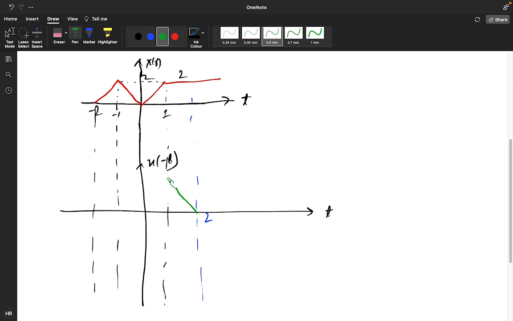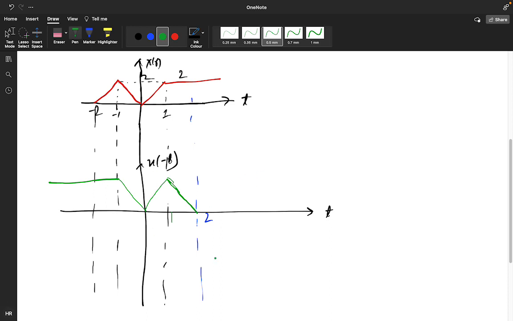Triangle. Yeah, triangle. And minus 1 will be 1, and 0 will be 0 only, right? And 1 will become minus 1. And this part will look like this.